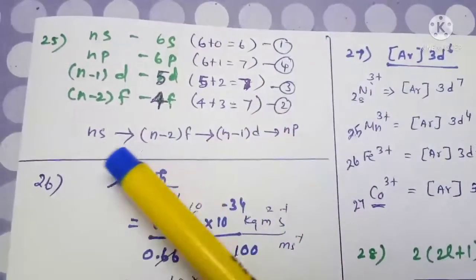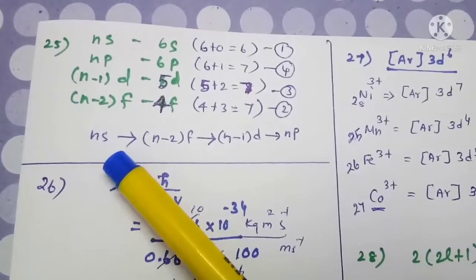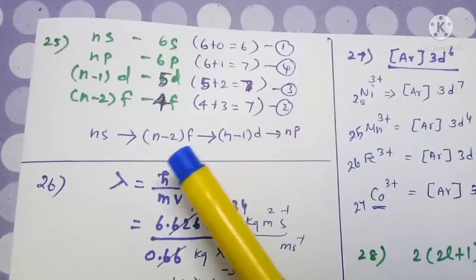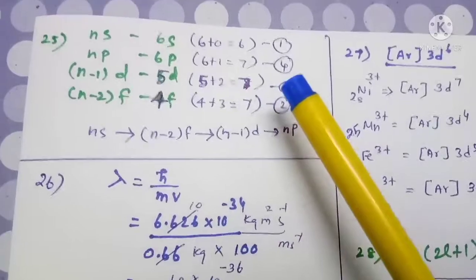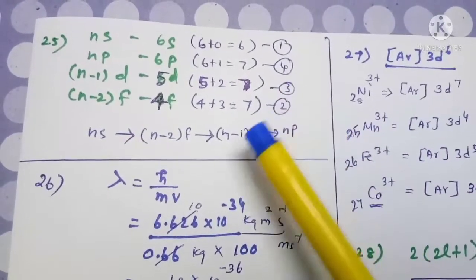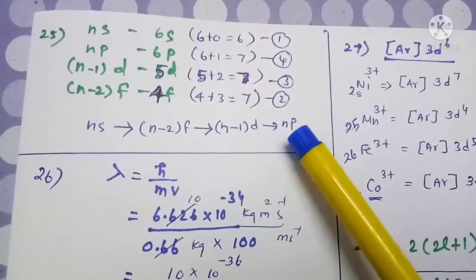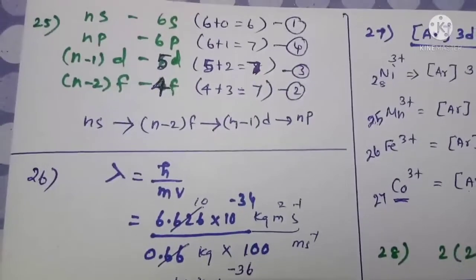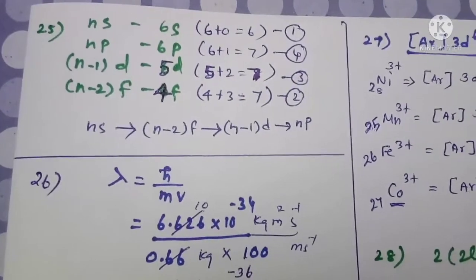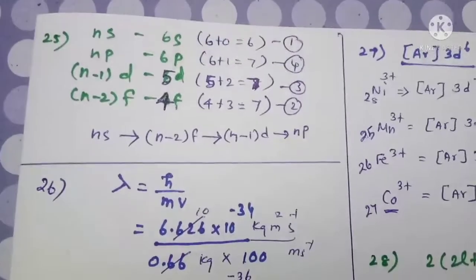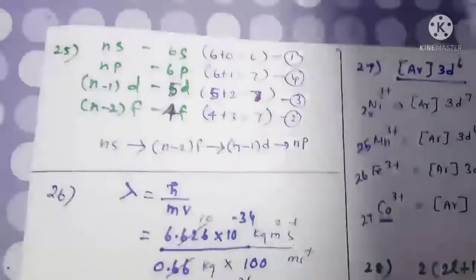So the correct sequence will be first the ns orbital, next the 4f orbital, that is n minus 2 f, then the 5d orbital, n minus 1 d, then finally the np orbital. This is the correct sequence in which the electrons are filled: ns, n minus 2 f, n minus 1 d, np.